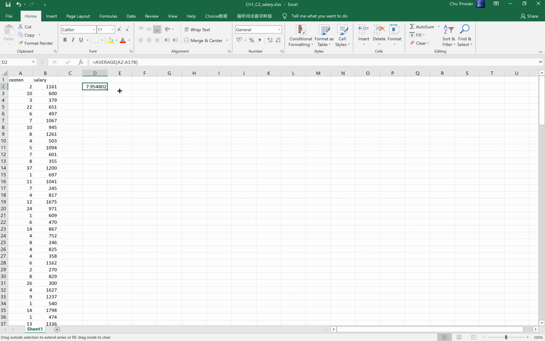And this is the average from B2 to B178. And the average salary is $865,000. Okay, so this is the average number of CEO tenure and salary.